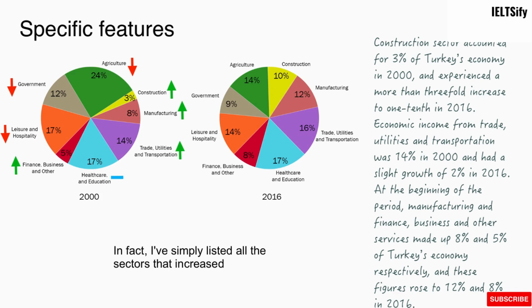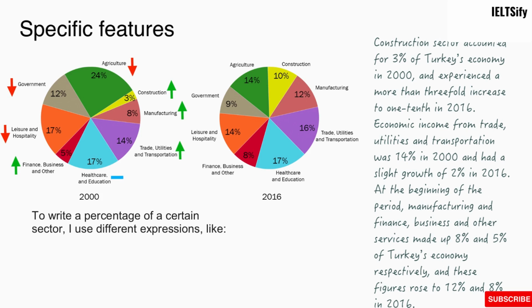In fact, I simply listed all the sectors that increased and gave specific numbers. But look at how I use diverse vocabulary to describe the changes. To write a percentage of a certain sector, I use different expressions, like accounted for. Construction sector accounted for 3% of Turkey's economy.